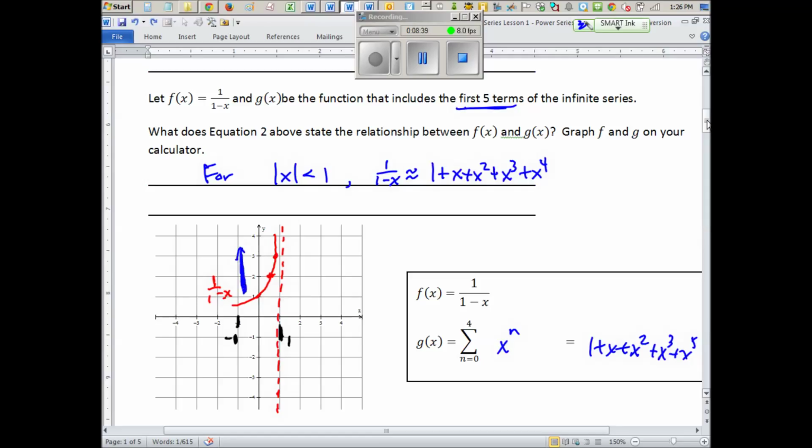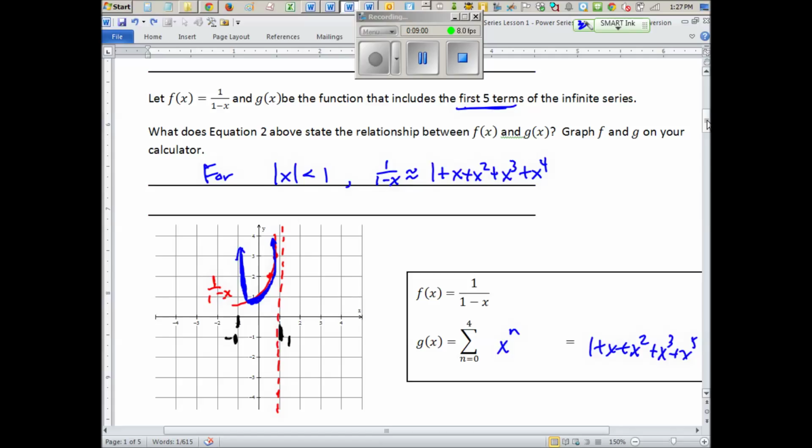Watch this. Looks like a 4th power function, and it fits real nicely up against that red. Even better than I've drawn, really. Okay. All right.